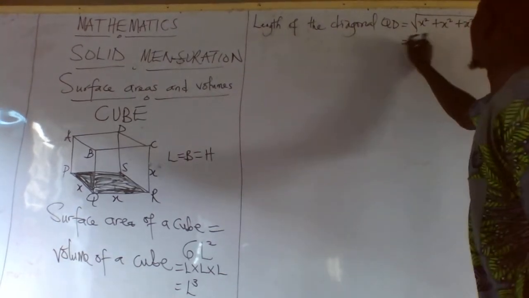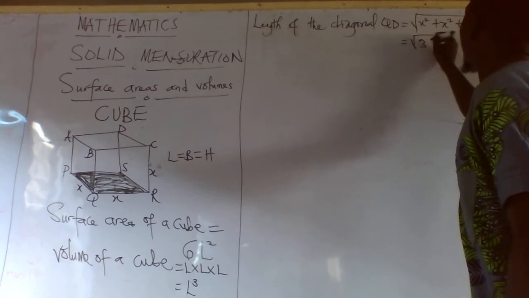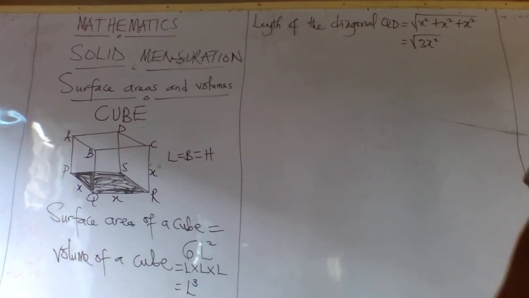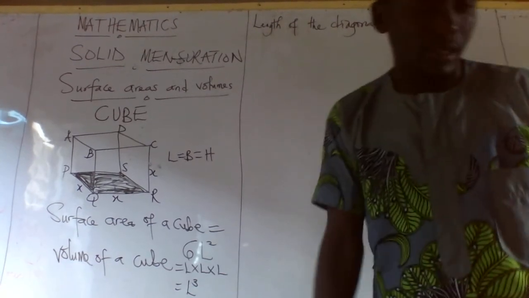So we have the square root of 3x squared, and that's the formula for the length of the diagonal of a cube.